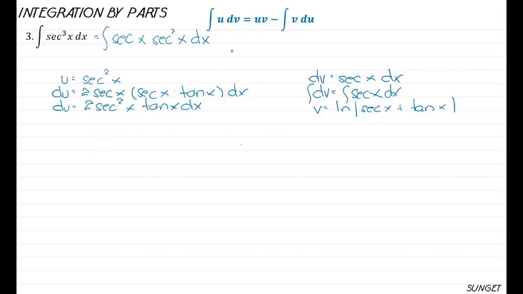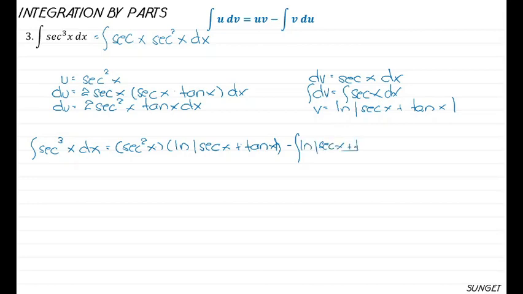Then using formula for integration by parts, we have integral of secant cube x dx equal to u times v, so secant squared x times ln of secant x plus tangent x, minus integral of v du, so ln of secant x plus tangent x times du, so 2 secant squared x tangent x dx.